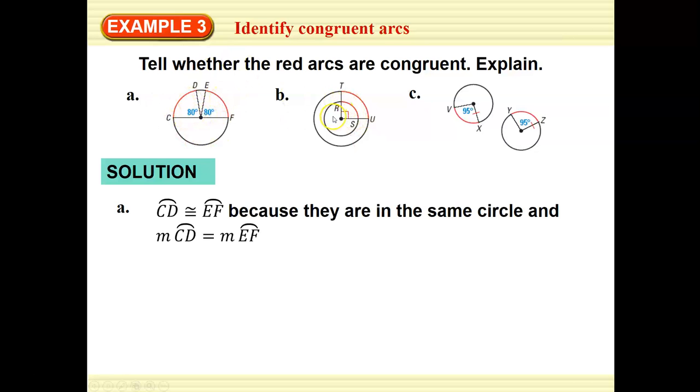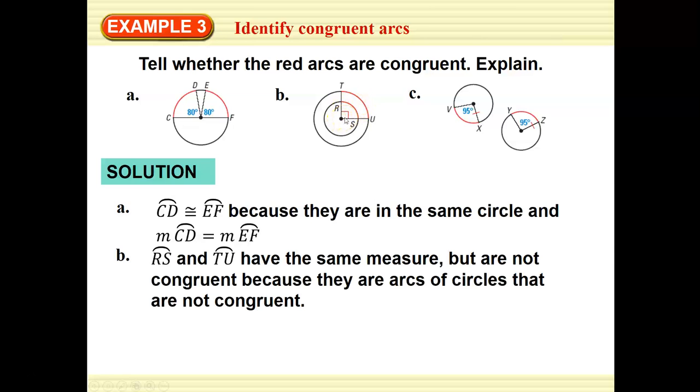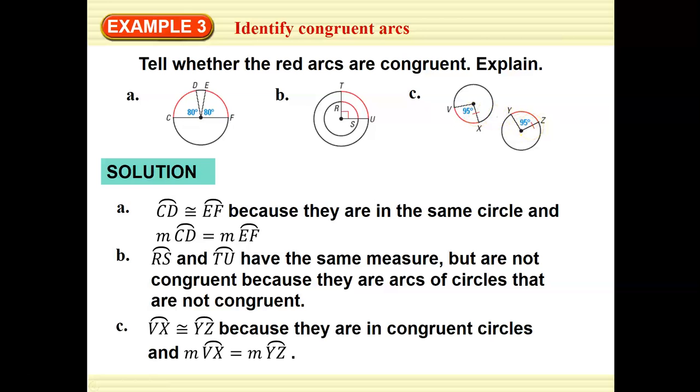The second one, their measures are both 90 degrees, but one circle is smaller than the other, so those arcs are not congruent. In the third example, they're both 95 degrees and not part of the same circle, but the radii have the same measure. That's what those tick marks mean. So the circles are the same size, and those arcs are congruent.